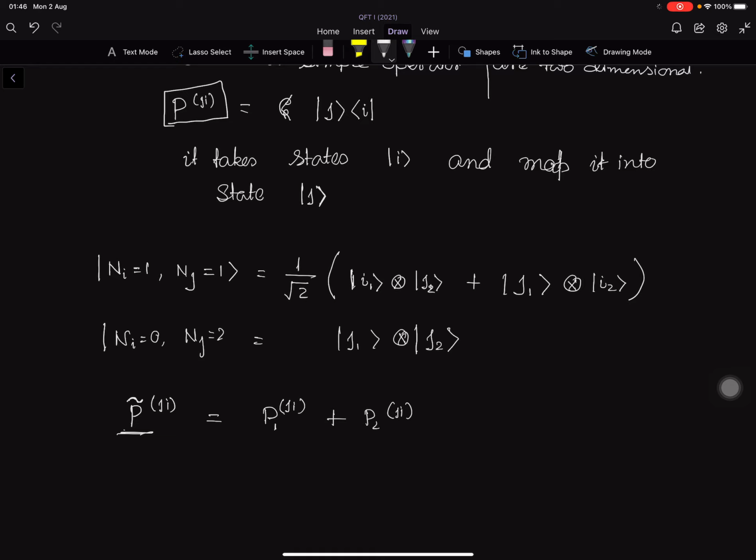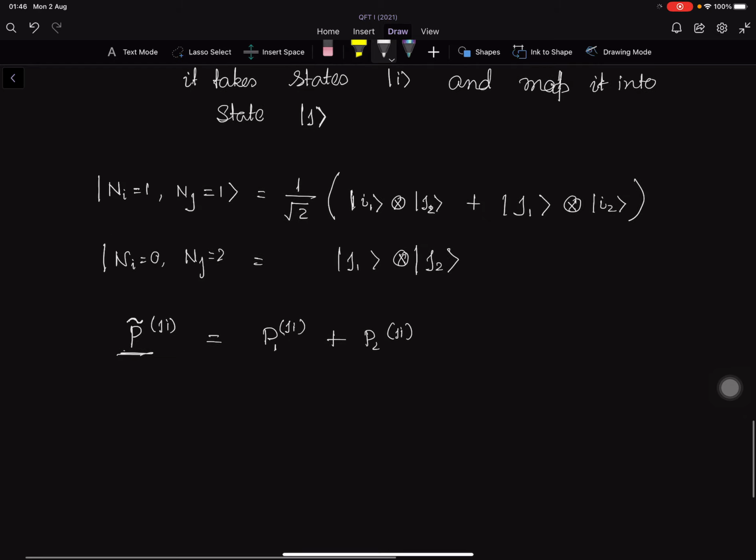Then we can check explicitly that this multi-particle operator acting on Ni equal to 1, Nj equal to 1 simply gives square root 2 times Ni equal to 0, Nj equal to 2. This implies there is a non-zero matrix element of the operator.